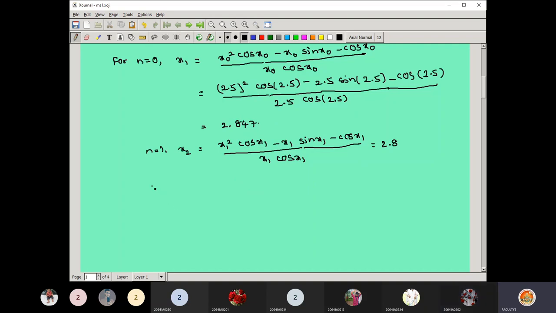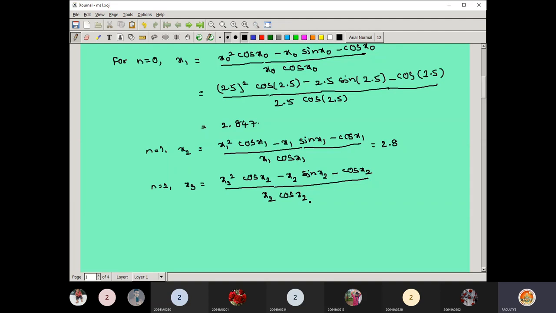So you go for n equal to 2, to get x3. Better you calculate fast. It is x2 square cos of x2 minus x2 sin of x2 minus cos of x2, total divided by x2 cos of x2.